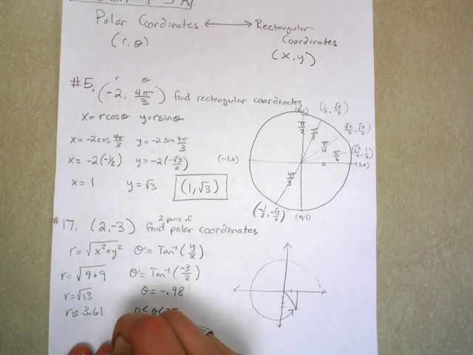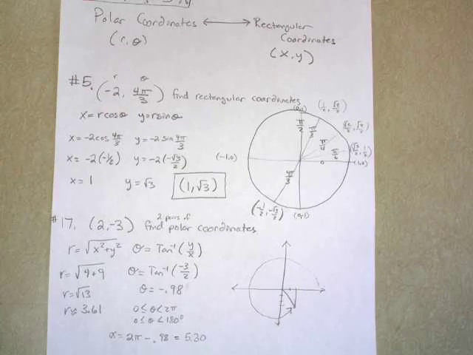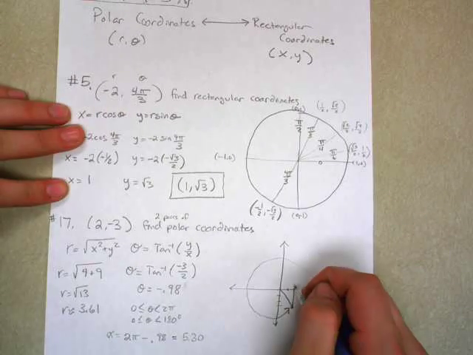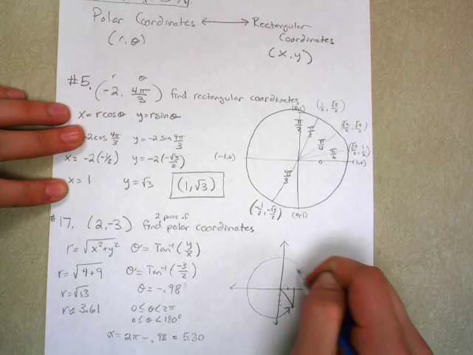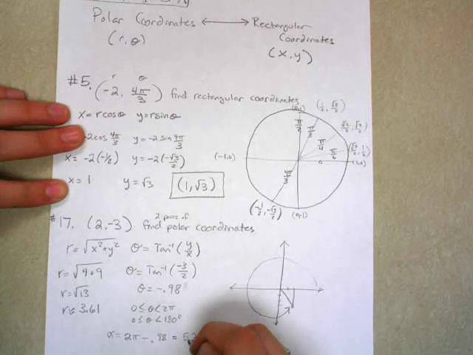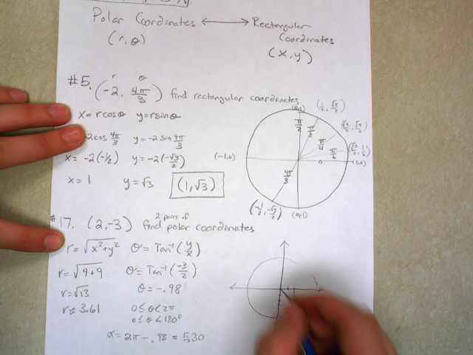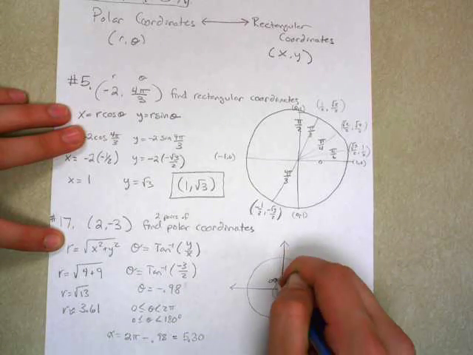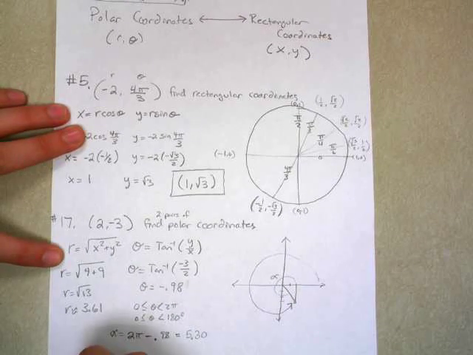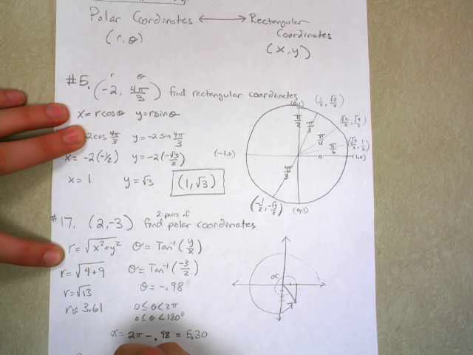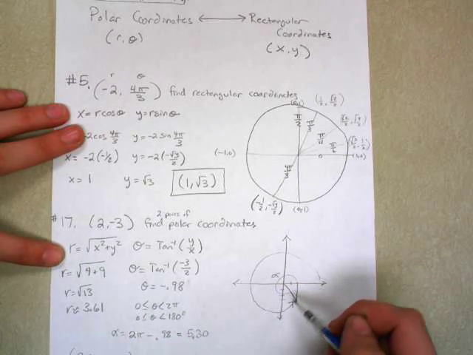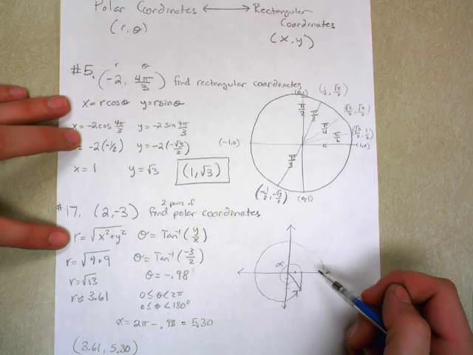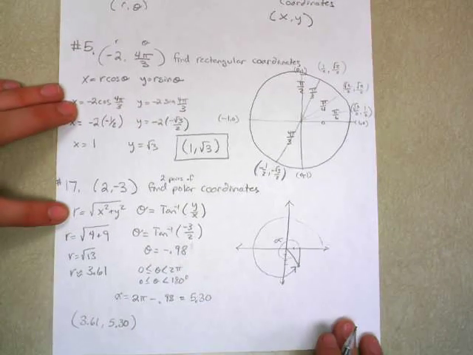And we'll label this angle alpha. So this angle going all the way around will give us 5.30. So our first coordinate pair will be 3.61, 5.30 radians. Make sure that when you're looking for radians, your calculator is in radian mode. If it's in degree mode, then you'll find an angle in degrees.